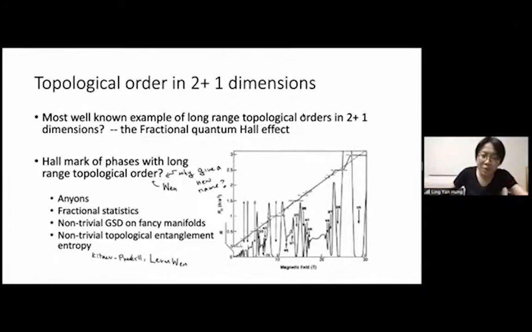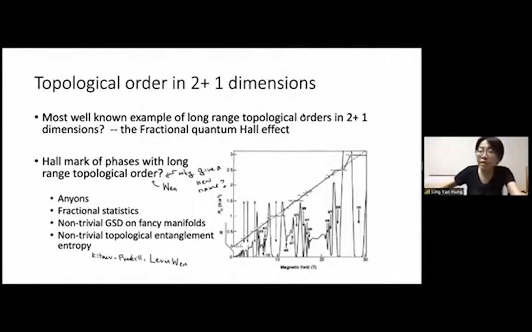So some of the hallmarks of these phases include anyon excitations, excitations with fractional charges. That is a hallmark of being a non-local excitation. Why? Because as we know, anyons cannot be excited by themselves alone, and whenever they are excited, they have to be excited in pairs.